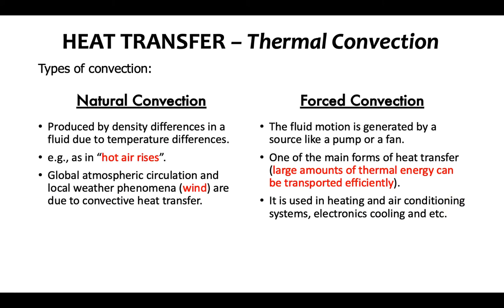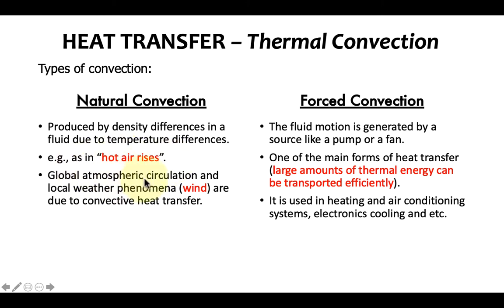There are two types of convection. We have natural convection and forced convection. Natural convection is produced by density differences in a fluid due to temperature differences, for example, as in hot air rises. We will look at the example later.